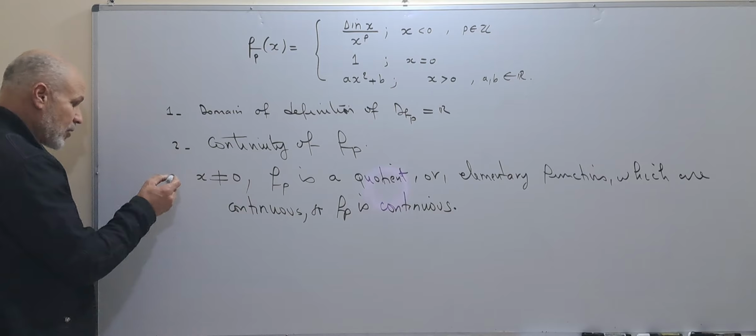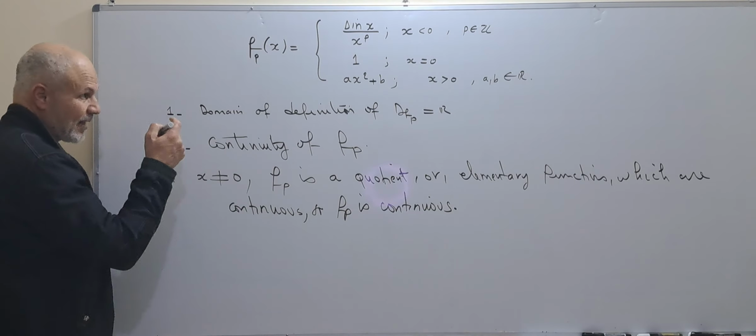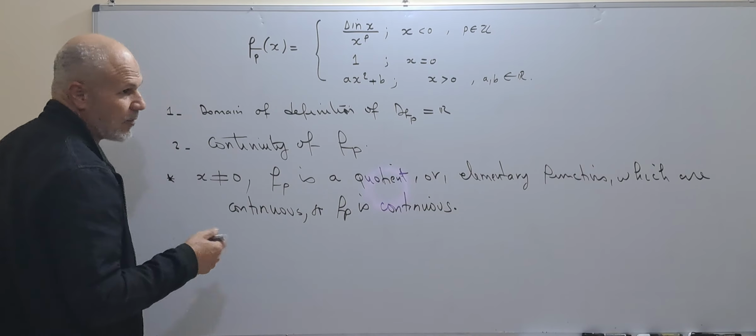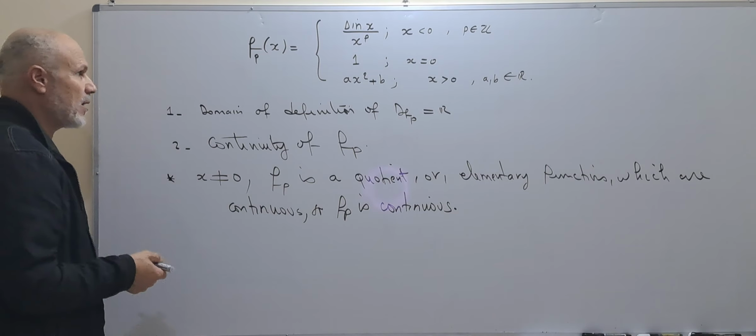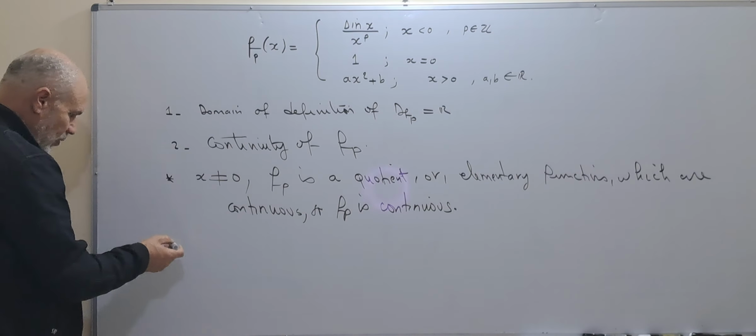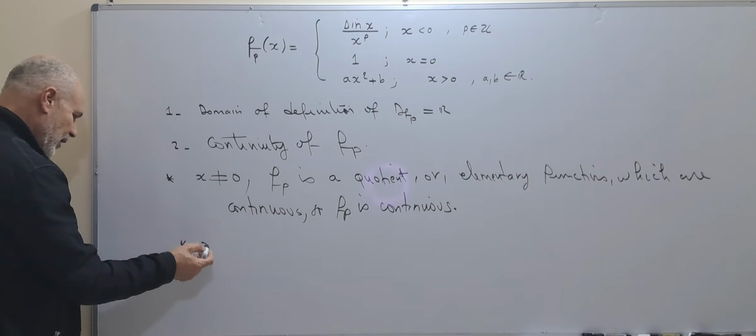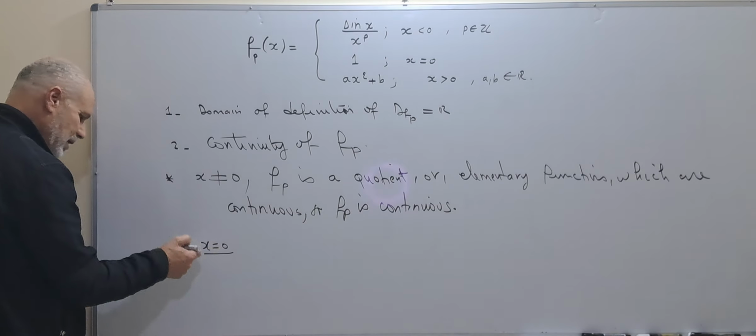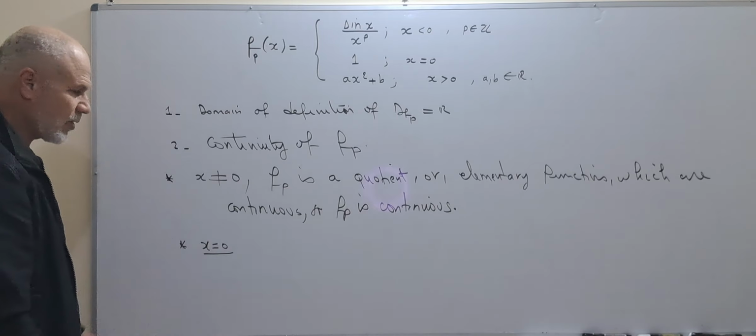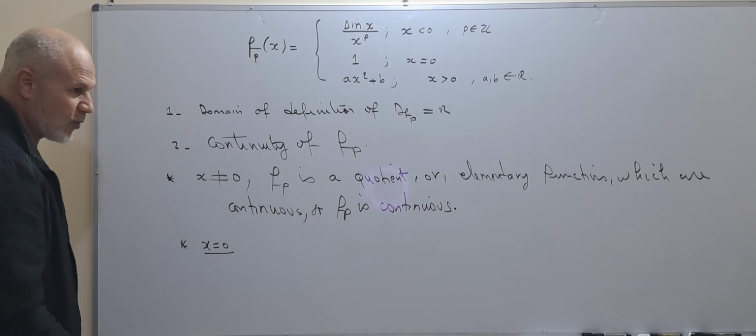Now let us focus on the special point or points. In this case we have just one point. In other exercises it can be more than one point. The special point here is x equal to 0. Let us discuss this case. To be continuous at x equal to 0, we have to use the definition.